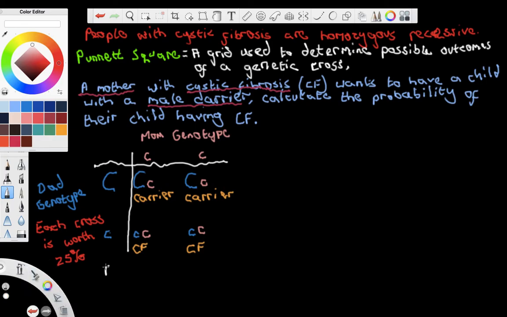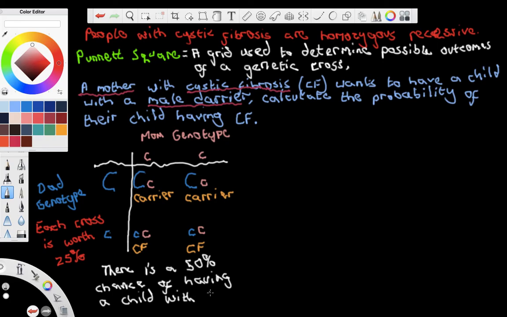So there is a 50-50 chance, or a 50% chance, of having a child with cystic fibrosis. Okay? Now, this is using a Punnett square.